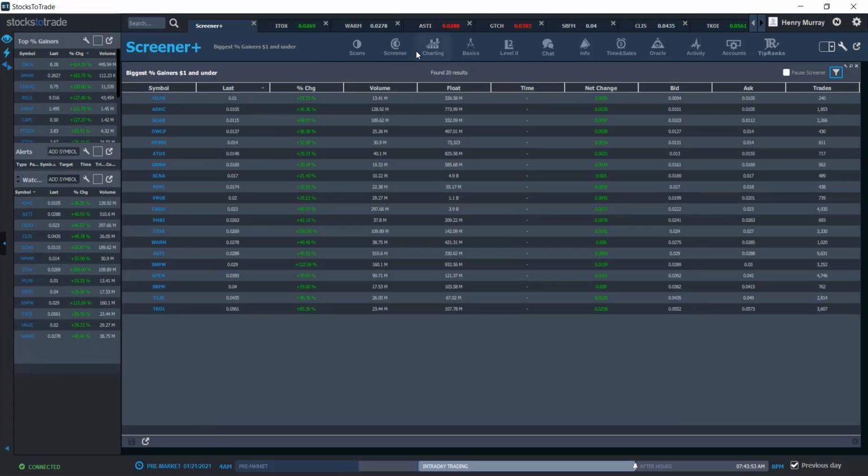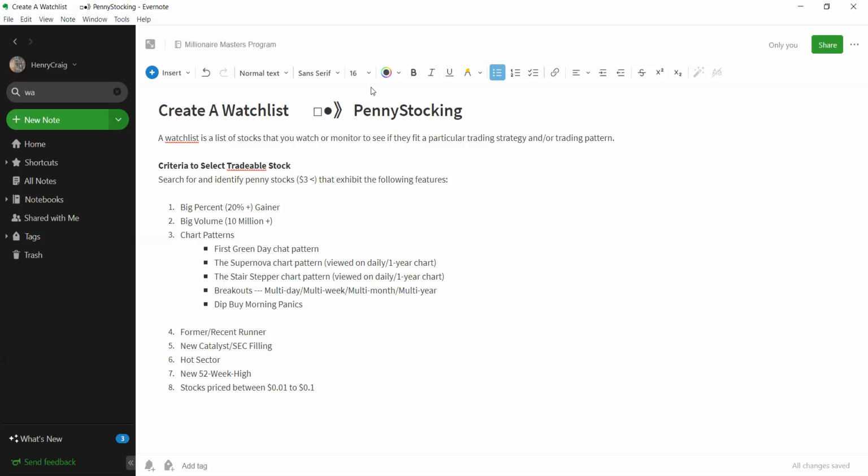So let's move to our spreadsheet. All right, so we're gonna try to identify if any of these stocks are former runners or recent runners. We wanna also identify what are the news catalysts or SEC filing or press release that is causing the stock to increase in price or causing the stock to increase in volume.